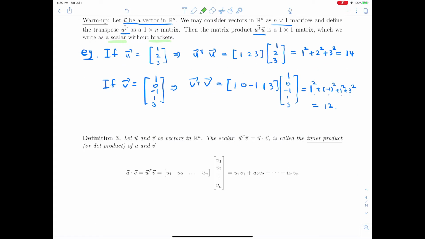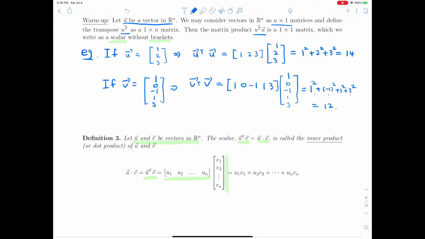Suppose that u and v are vectors in R^n. The scalar u transpose times v, or we simply write u dot v, is called the inner product or dot product of u and v. It is defined by u transpose times v, with the vector u as a row vector and the vector v as a column vector.